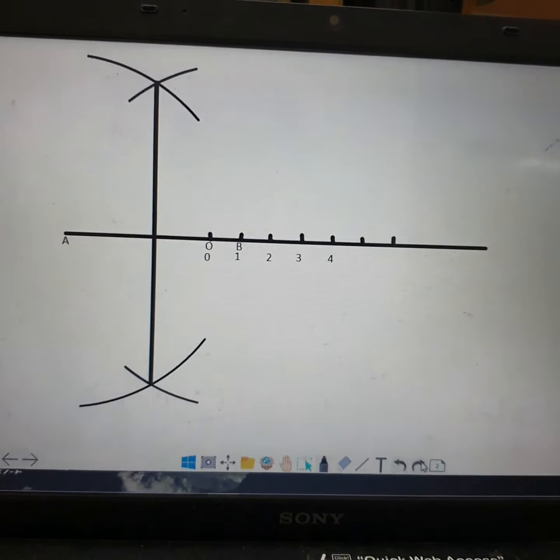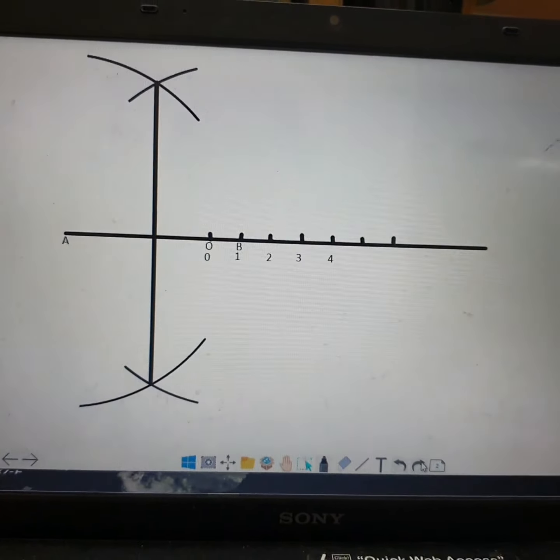After that, again with the help of a compass, measure the distance between O and this perpendicular. You can see here, you are supposed to measure this distance and then draw an arc from here to here. You will see it is crossing 2 and lying between 2 and 3, because it was root of 6.5.